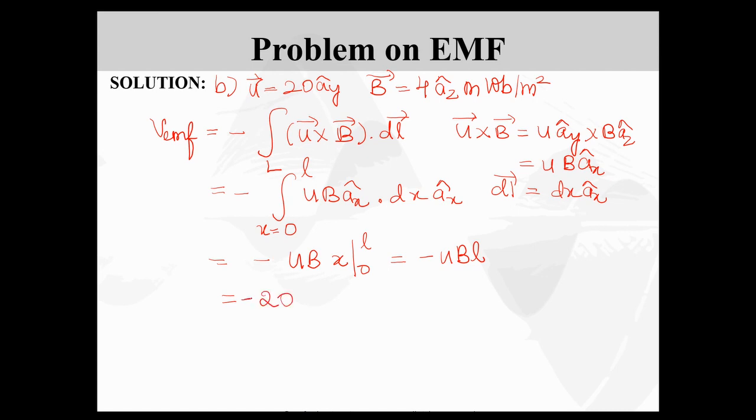There is a negative sign multiplied by, so this is multiplication. B, the magnitude of B is 4, and the length of the conducting bar is 0.06 in SI unit. So this is going to give us a value of induced voltage as minus 4.8 millivolts. I hope this is simple enough to understand.